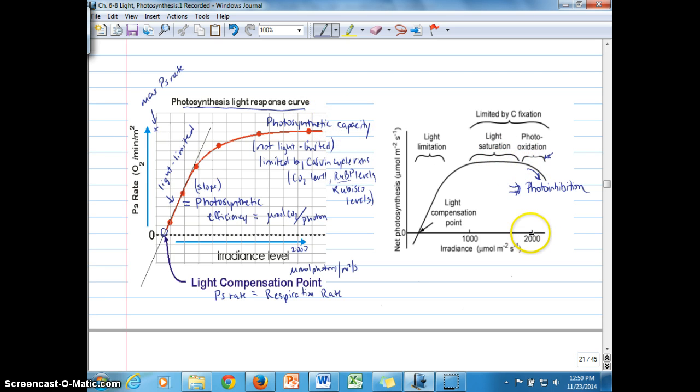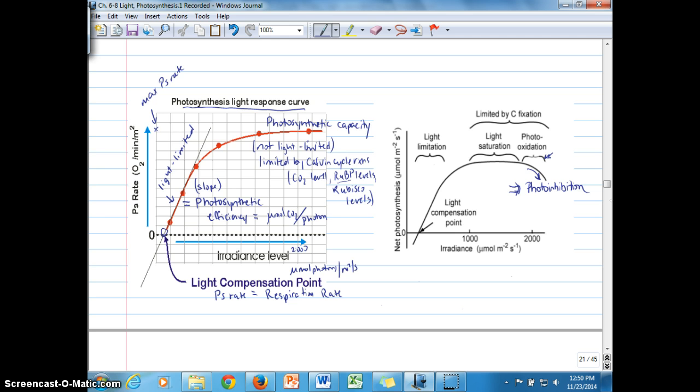And beyond a maximum light intensity here, oxidative damage can occur to various components of the light reaction machinery, leading to photoinhibition. And so we're going to talk about how plants can minimize photoinhibition or repair the damage from photoinhibition.